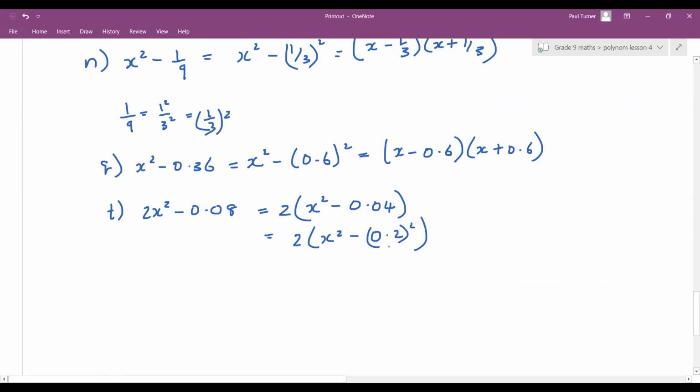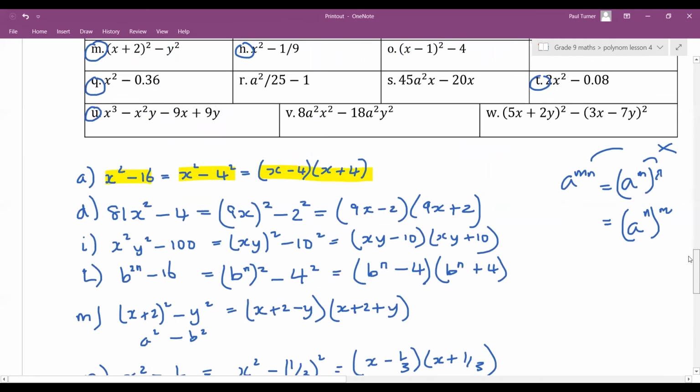Like that. 0.2 times 0.2 is 0.04. You can check with your calculator. So then we're going to have 2, x minus 0.2, x plus 0.2, like that. Okay, not too hard, is it? You just need to be careful with decimals and fractions.